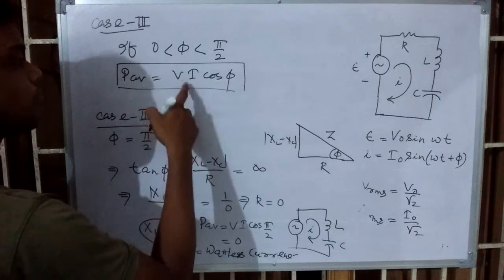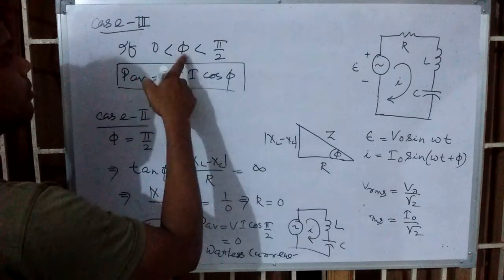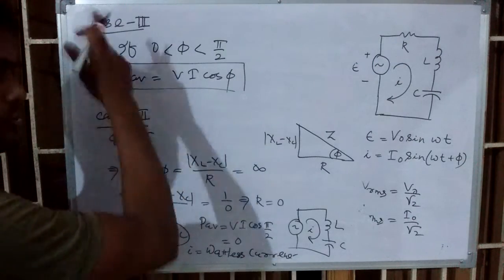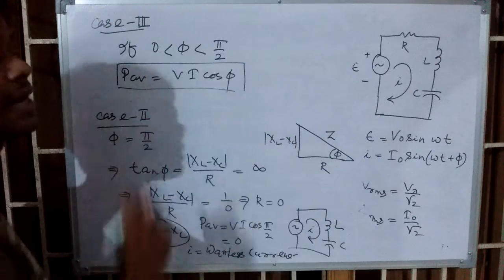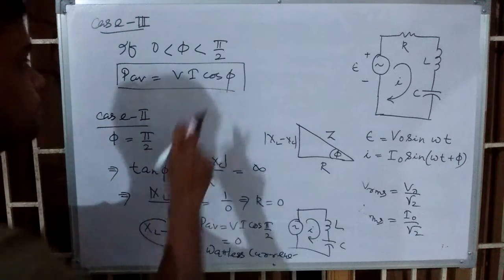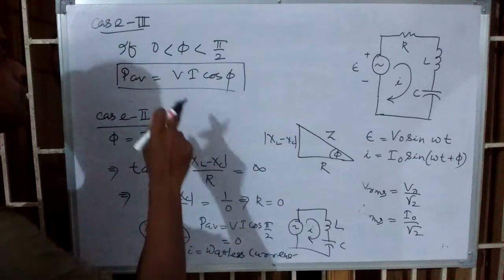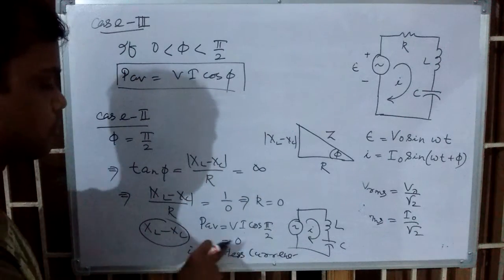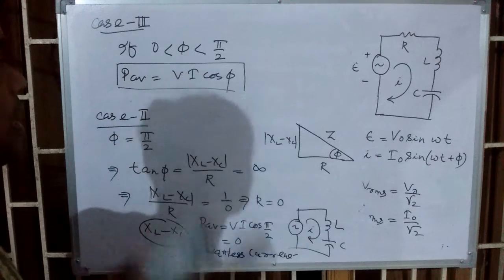That means this formula is applicable only if phi is between 0 and pi by 2. If it is 0, case 1 comes, that means power consumption is maximum, because cos phi is 1. Then at pi by 2, power is 0, no power is consumed. That is, the current is called wattless current.